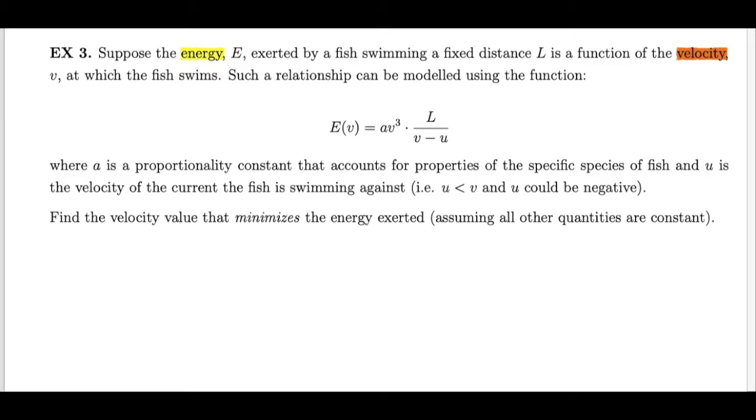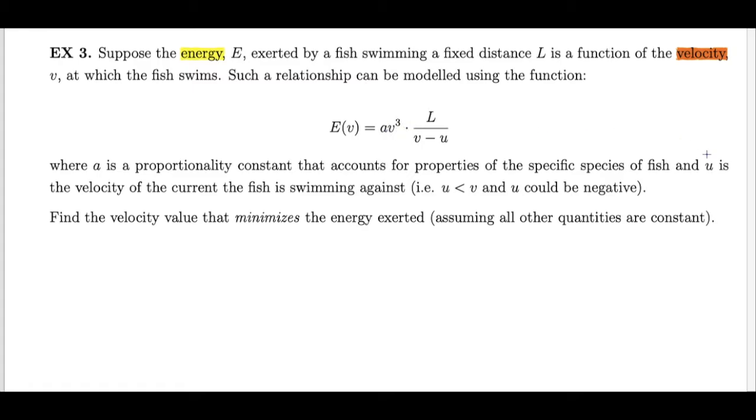Before I get started with the calculus side of this problem, let me just note that I can do a little bit of algebra by rewriting this energy function. The value a here is a constant, L is a constant, so when it comes to differentiating, those will remain unchanged by the derivative.